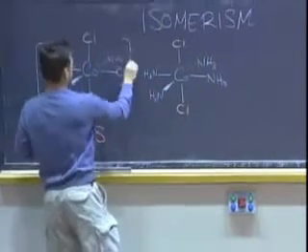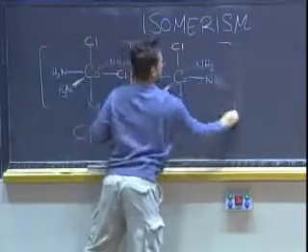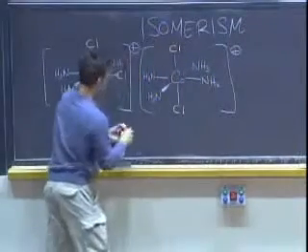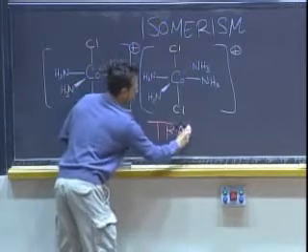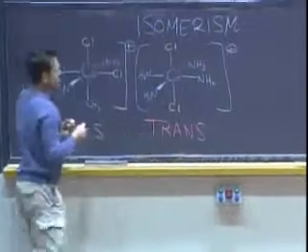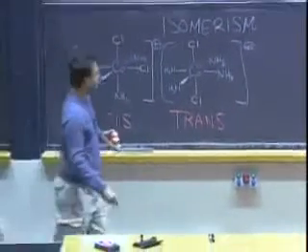And note that both of these would have a single plus charge. Trans means across. So the two chloride ligands are located in a mutually trans disposition here.